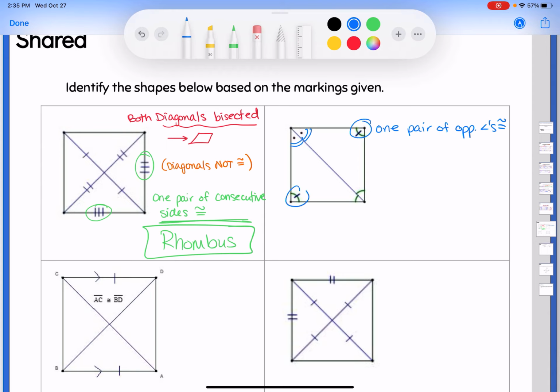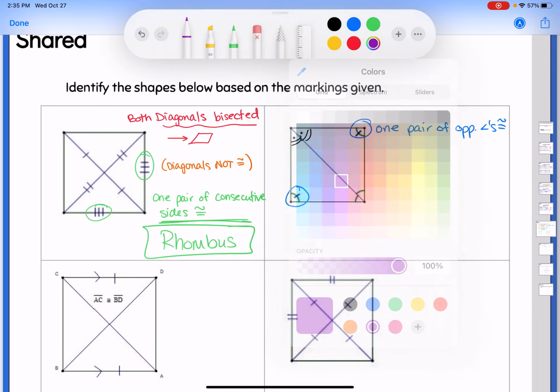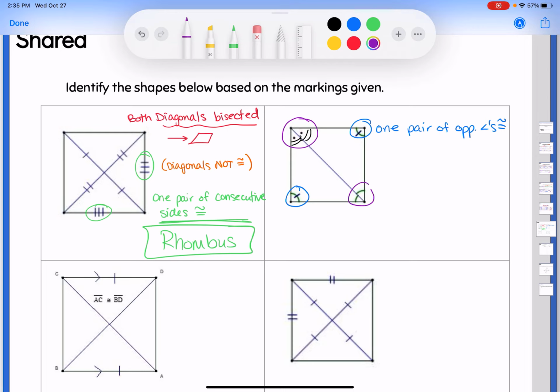That's these. And I'm noticing that one diagonal bisects opposite angles. Well, both of those, right? Even without that, both of those would probably have been enough.